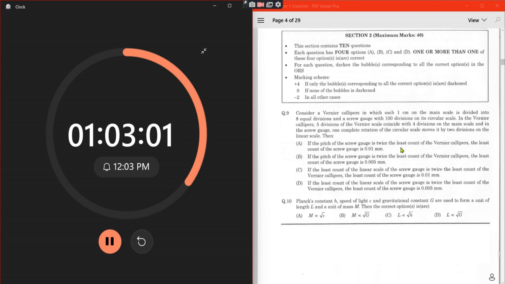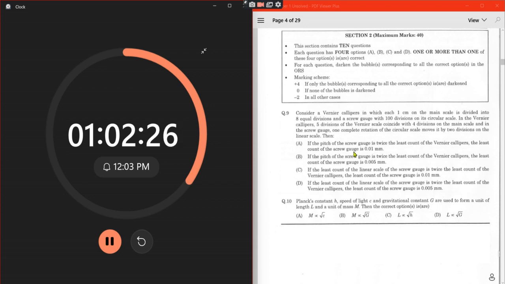Twice the least count is 2.5 times 1/8 centimeter, upon 100 divisions, so it comes to 4. In millimeters, we put an extra 10 here, so it is 1/200 millimeters, which is like 0.01 upon 2. So B is correct.